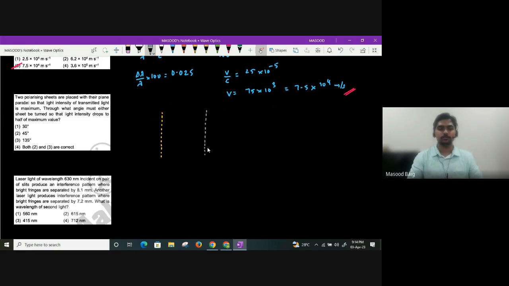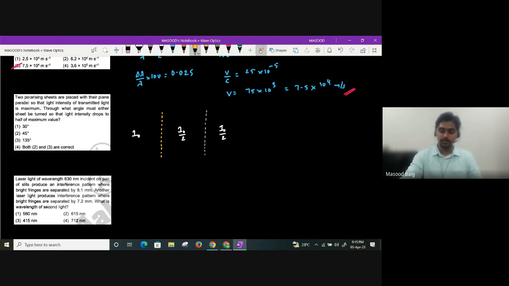Now what they are asking: through what angle must either sheet be turned so that light intensity drops to half of the maximum value? First of all, let us find the maximum value. Here if I say I naught, what will I get here? I naught by 2. Again, what will I get here? I naught by 2 only.